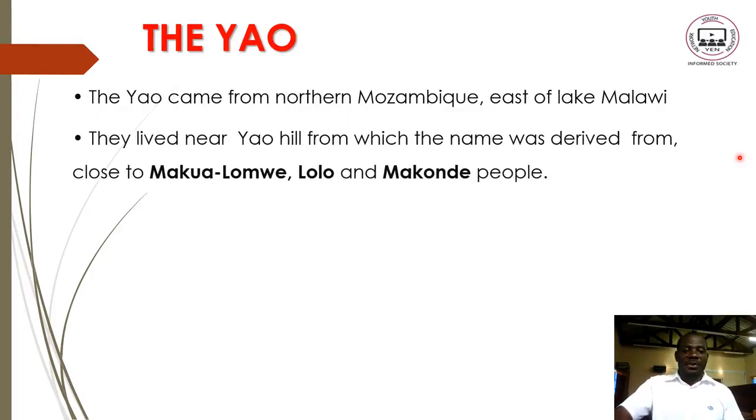These people, the Yao, lived near Yao Hill, from which the name was derived, close to the Makua Lomwe. Remember we mentioned Makua, so you have to know that the Makua were the Lomwe. There were also the Lolo and the Makonde. So the Yao, there was a Yao Hill there. That's where the name Yao comes from. There was Yao Hill in Mozambique.